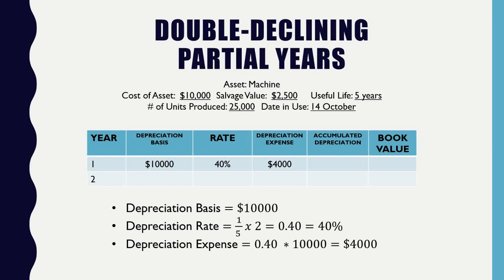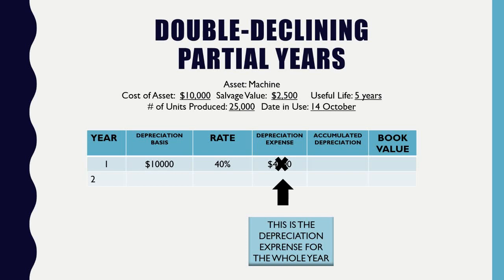Now, because we're looking at time, this $4,000 is for depreciating the whole year. In this case, that's not what you can do. You're not treating the baby like it's a whole year old when it's really only 3 months, right?